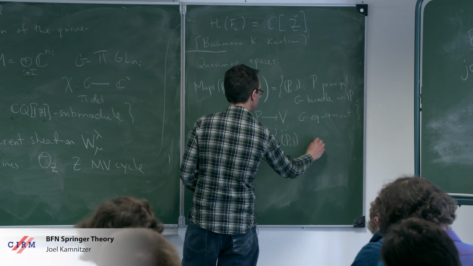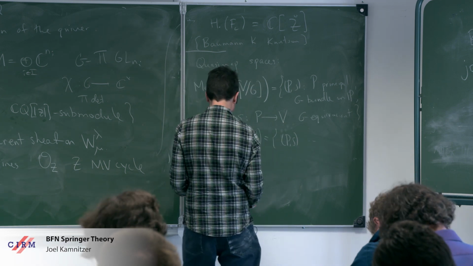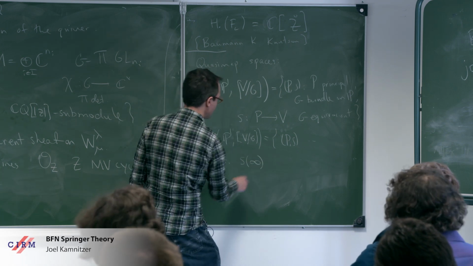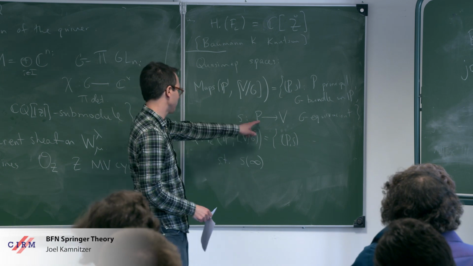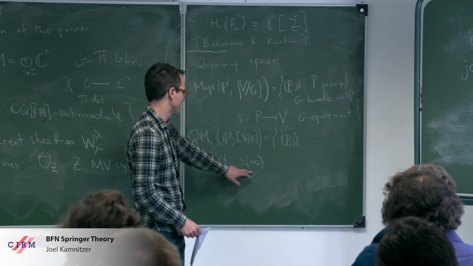(P, s), such that if I take s and evaluate it at infinity, by which I mean pick any point in the fiber. So this P is a principal bundle over P1, so I can look at the fiber over infinity.